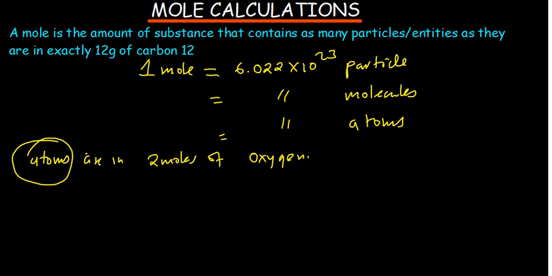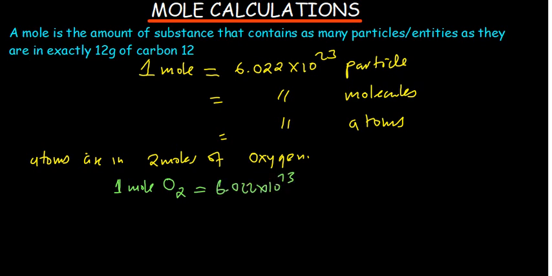So to be able to calculate the number of atoms in 2 moles of oxygen, you are going to just get that relationship. 1 mole of oxygen is equal to 6.022 times 10 to the power 23 atoms. And then you are going to say what of 2 moles of oxygen?